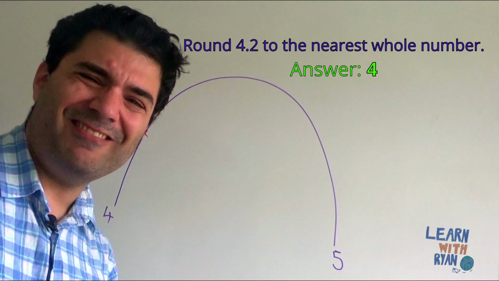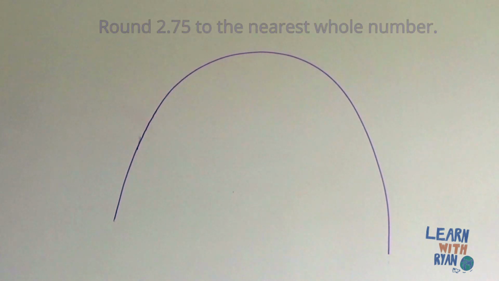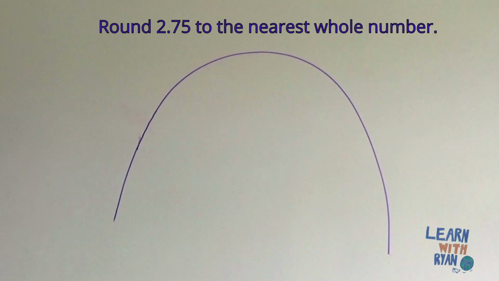Let's have a look at another example. Suppose we want to round 2.75 to the nearest whole number. So what I can do is I can start off by writing 2 and 3 at the bottom. Bang in the middle is 2.5. Now 2.75 is going to be after that. If that doesn't make sense, maybe think of it in terms of money. 2.5 is the same as £2.50.